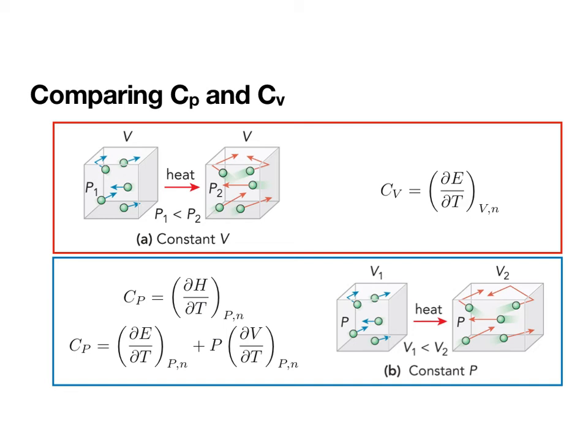Okay, so let's put this in perspective. CP and CV. So CV is constant volume. We add heat and the pressure is going to go up. And we find that CV is the relationship between the partial derivative of the energy and the temperature.